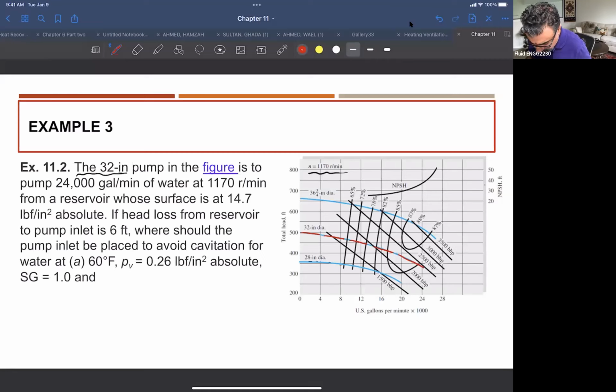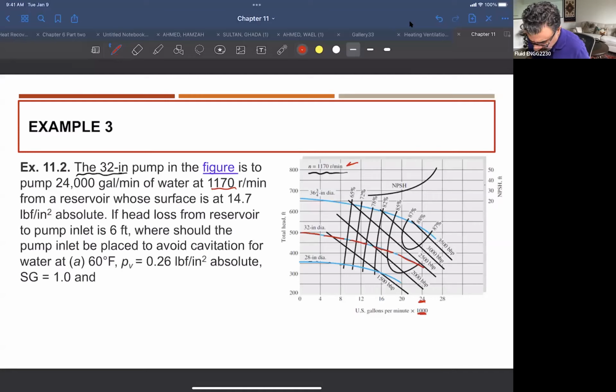And it is pumping 24,000 gallons per minute of water at 1170. This is the one here. So the condition that we are running here is 24,000, from a reservoir whose surface is at 14.7 pounds force per square inch, PSI, absolute.